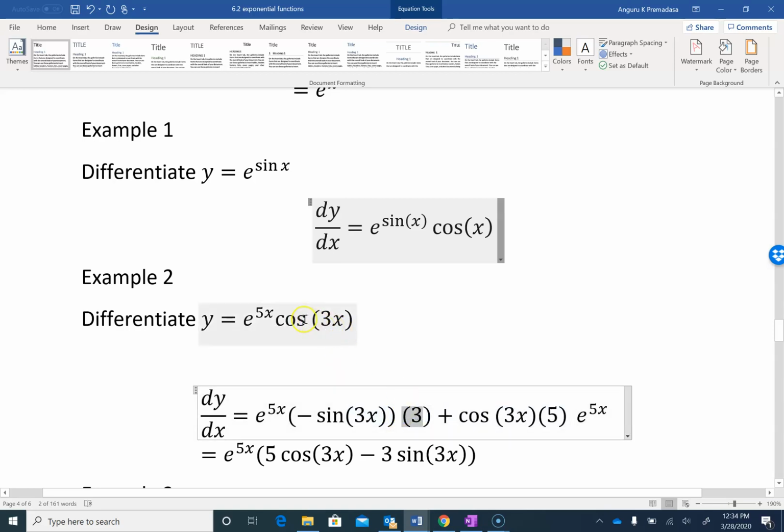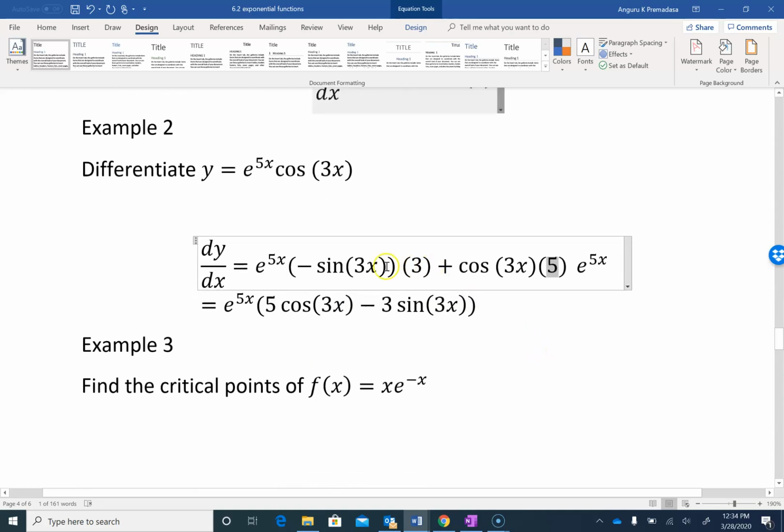Plus the second part, which is cosine 3x, times the derivative of e to the 5x. From outside you see e to the some junk, and the derivative is e to that junk. Then you go inside, you see 5x, and the derivative of 5x is just 5. Are you okay with that?